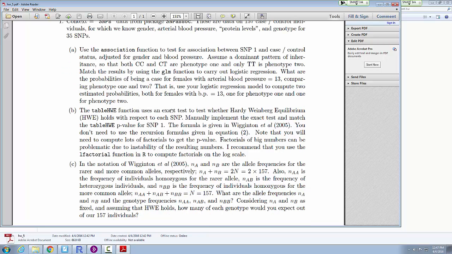Okay. Another topic that's going to come up today or Wednesday is this idea of equilibrium, Hardy-Weinberg equilibrium. It's a genetics concept, and it describes a kind of status quo of how a population creates offspring.